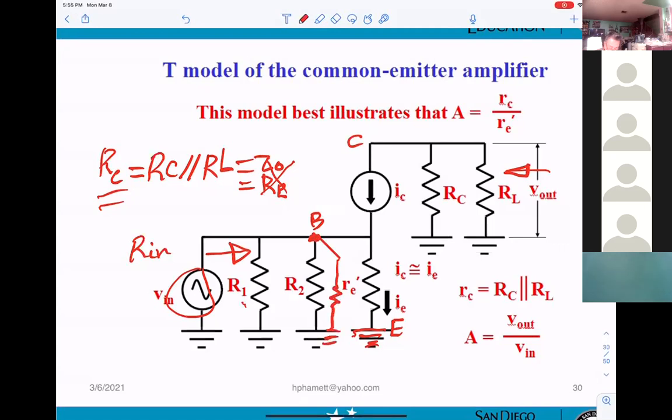Now we're using the same thing here, easy to recognize: RB. So input impedance, R in, will be equal to R1 parallel with R2 parallel with RB. And we have to calculate RB. Don't count on this one, this is inside the transistor.